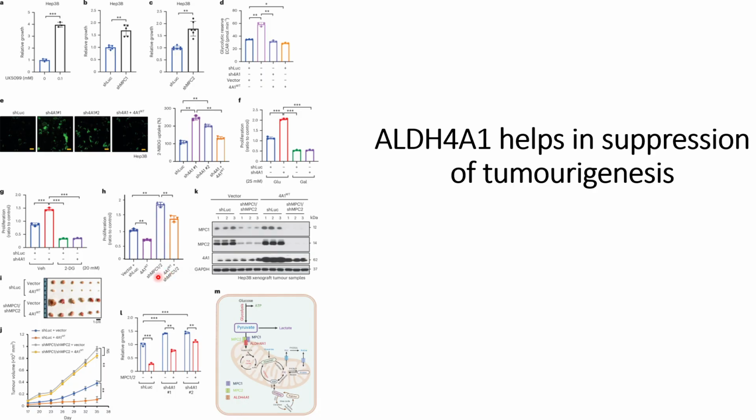And when they reintroduce ALDH4A1, they see some suppression compared to the case where MPC1 and MPC2 are knocked down. The last yellow line indicates the condition where MPC1 and MPC2 are knocked down, but ALDH4A1 is overexpressed.